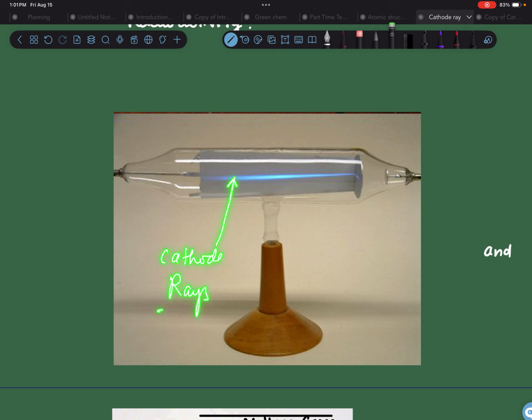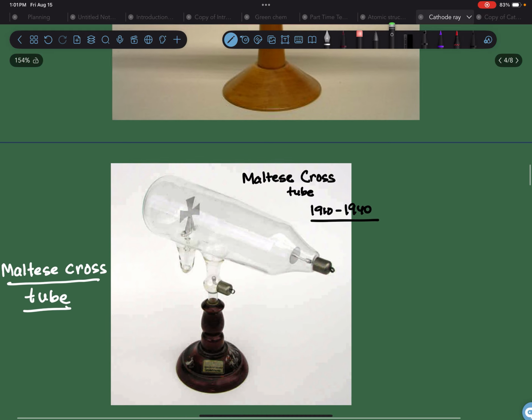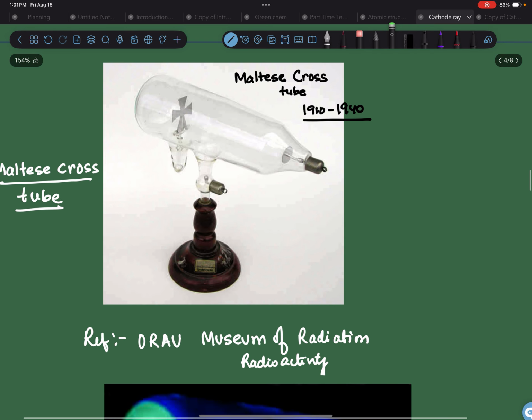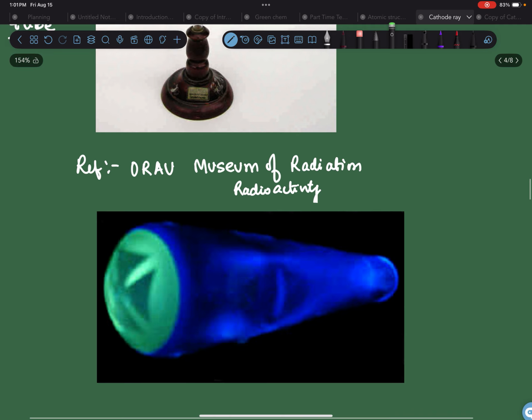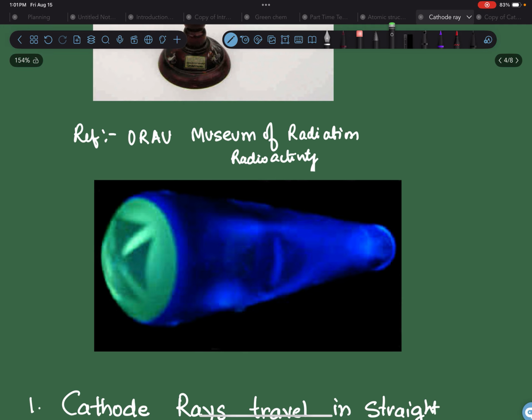So I will be using the term cathode rays for this radiation which is coming from the cathode and moving towards the anode. So in the modified version, he placed this Maltese cross in the path from cathode to anode, and what he observed is that a shadow is formed on the other side of that cross.